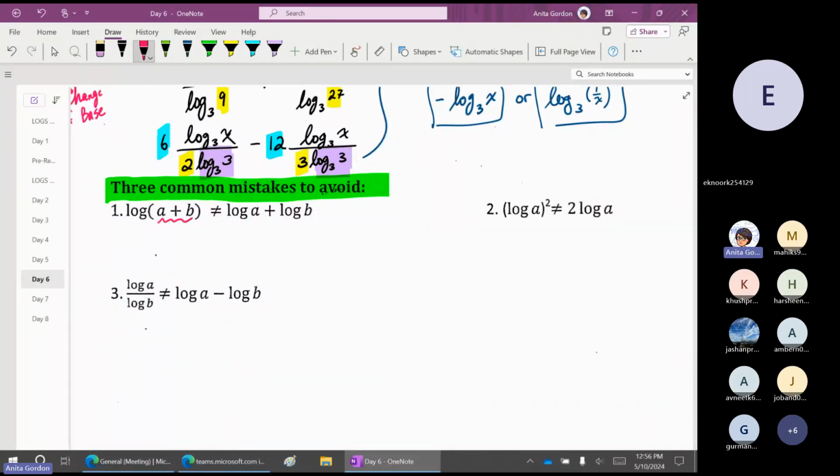If you see a plus sign inside of the log, that does not mean you can split it. That only works on products. Same with a divide, does not equal a minus. Wait, this one does equal a minus. Oh, no, it doesn't.